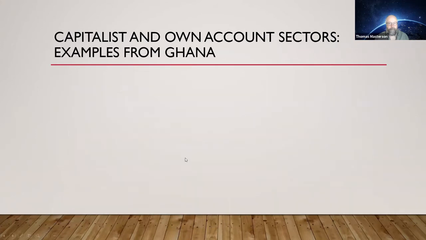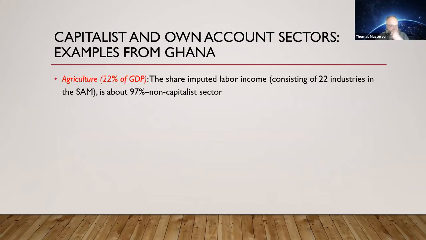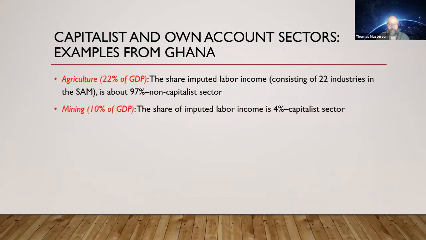For example, agriculture in Ghana, in our SAM, the share of imputed labor income is about 97%. So it's a non-capitalist sector. For mining, the share of imputed labor income is 4%.